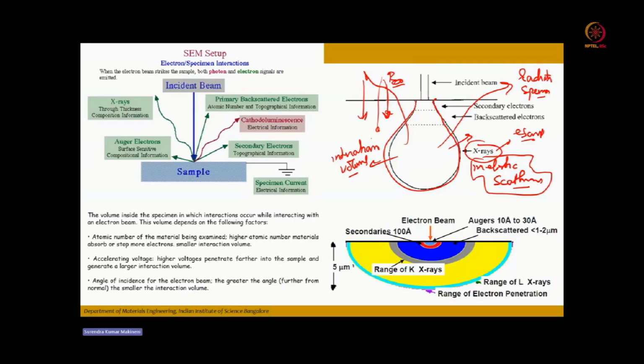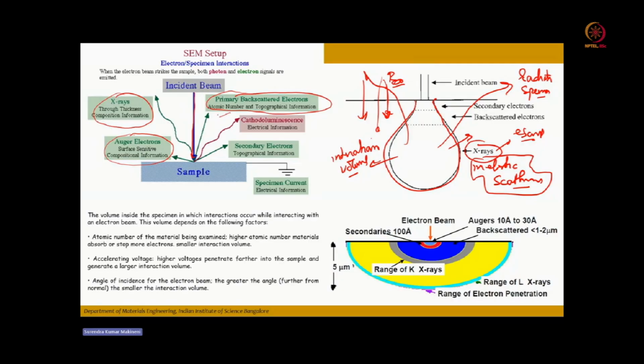So here on the left there is a cross section where you can see an incident beam. You will get X-rays from the sample, which give the composition information. You will get Auger electrons, which give surface sensitive compositional information. You can get primary backscattered electrons. I will come to these backscattered electrons later.